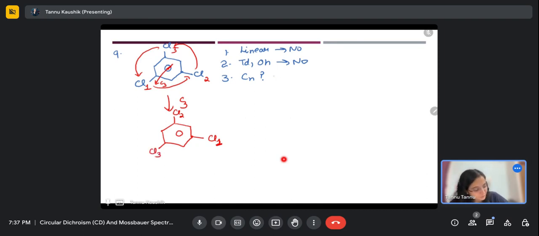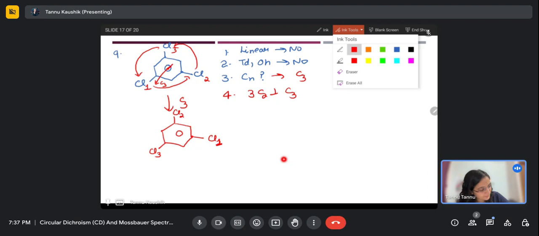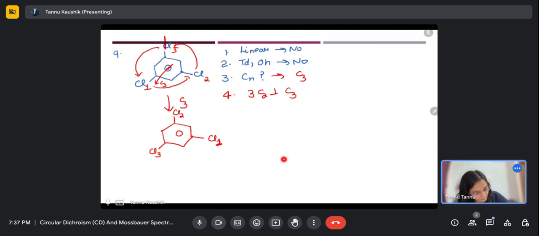Okay, so we have C3 axis of rotation. So do we have 3 C2 perpendicular to this C3 axis? So yes, we have 3 C2 axes perpendicular, which is passing through each of these C-Cl bonds.